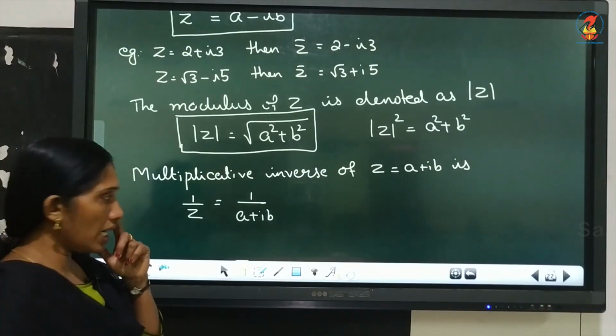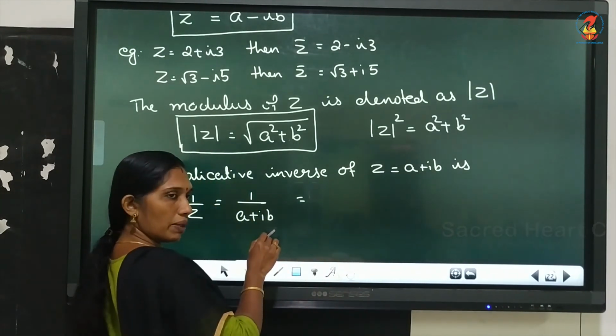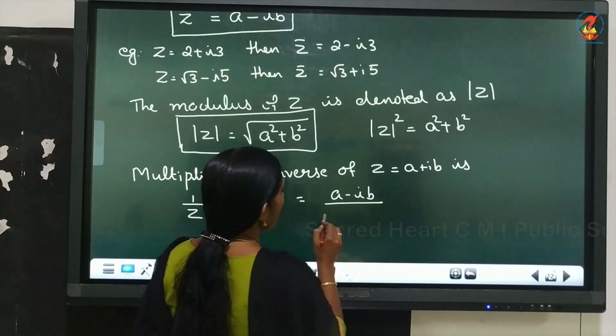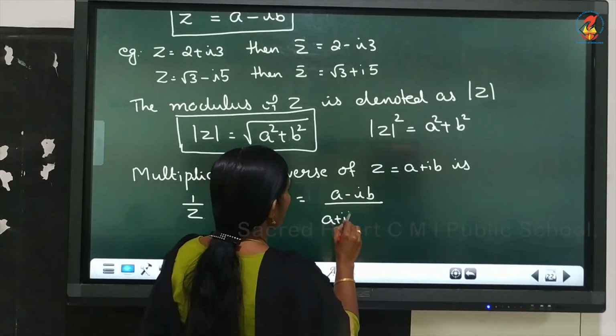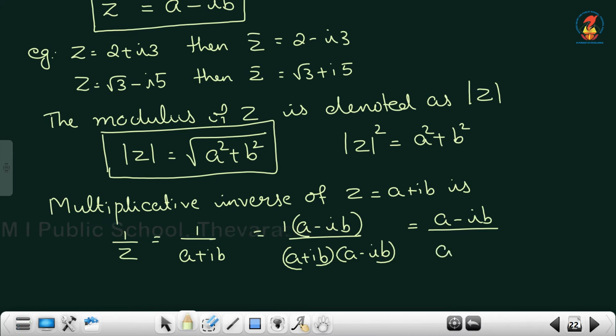We have to rationalize, so we multiply by its conjugate. What is the conjugate of a plus ib? That is a minus ib, and the denominator also we multiply. So a minus ib by, here a plus b into a minus b form, so a square minus b square, where b square means second term square.